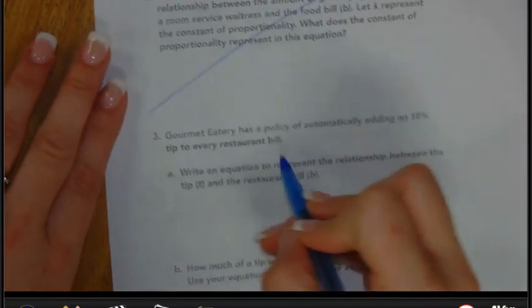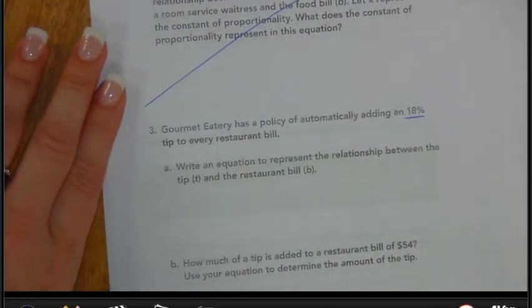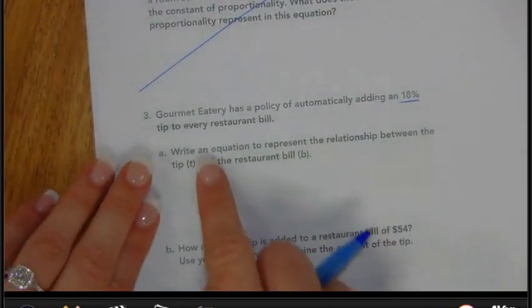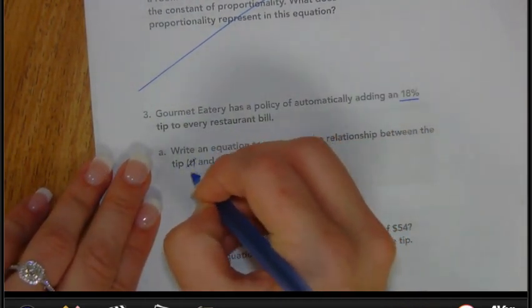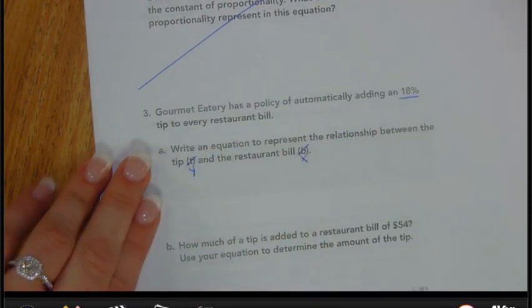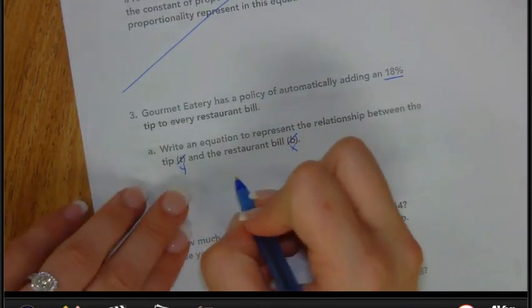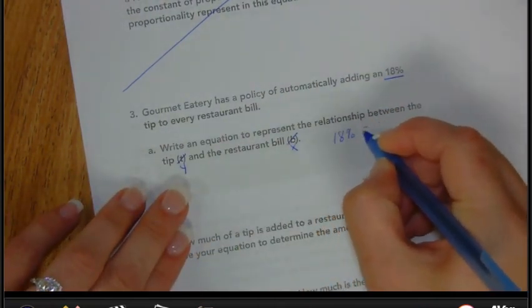All right. So the Gourmet Eatery has a policy of automatically adding an 18% tip to every restaurant bill. So write an equation to represent the relationship between T, the tip, which I'm going to say y, and restaurant bill B, I'm going to say x. Okay. So I know that I'm going to have 18%. Well, how do I write 18% as a decimal?